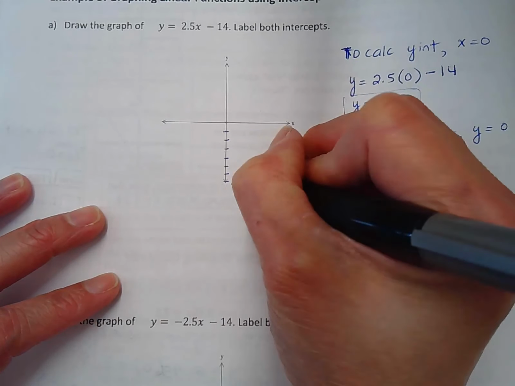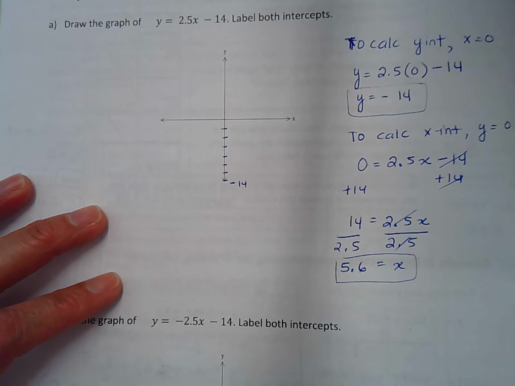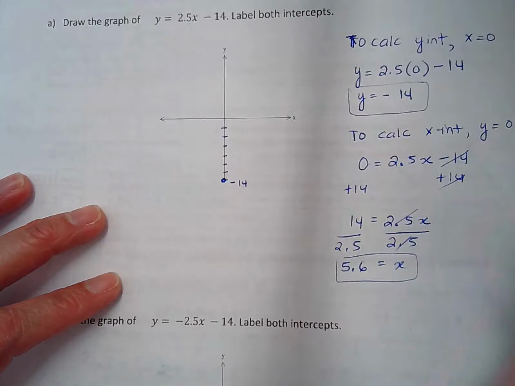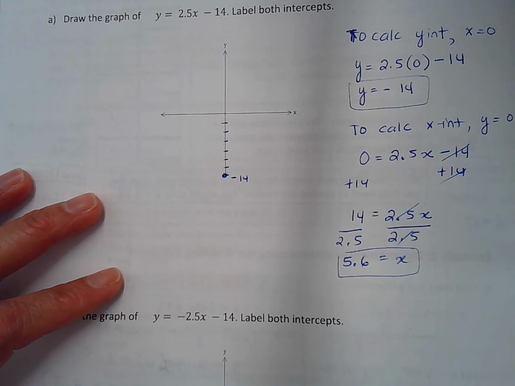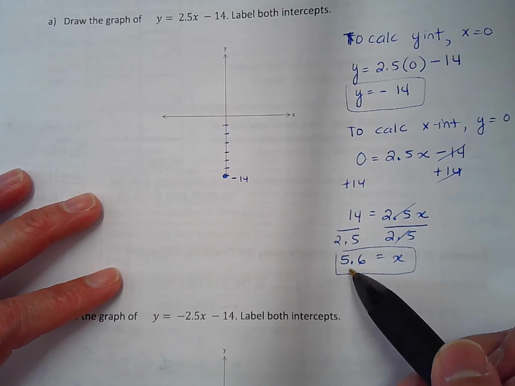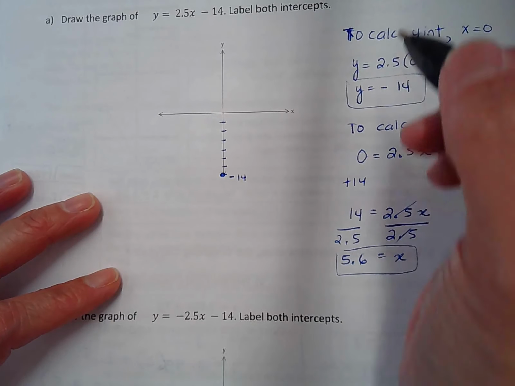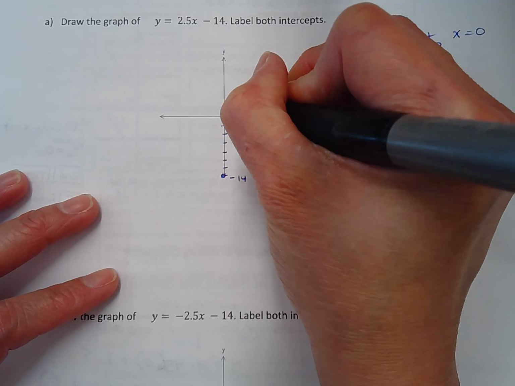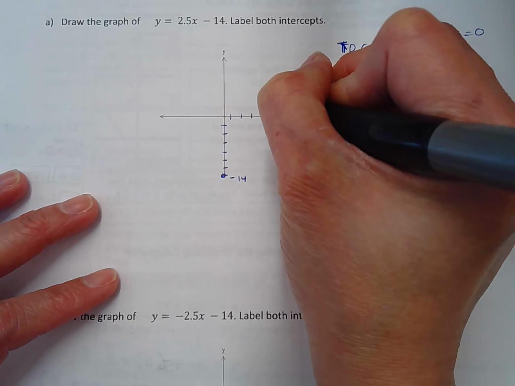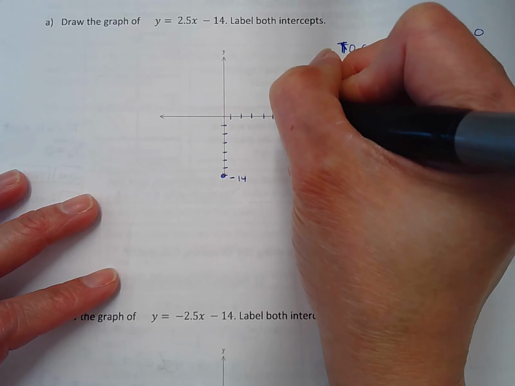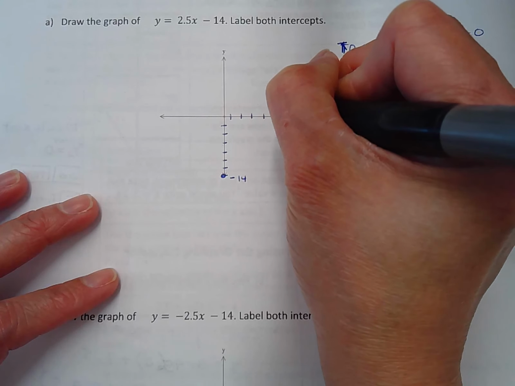So you go negative 14. I'm going down by 2, a scale of 2. And then the other one is 5.6. So you can go a scale of 1. 1, 2, 3, 4, 5, 6. So 5.6 would be there.